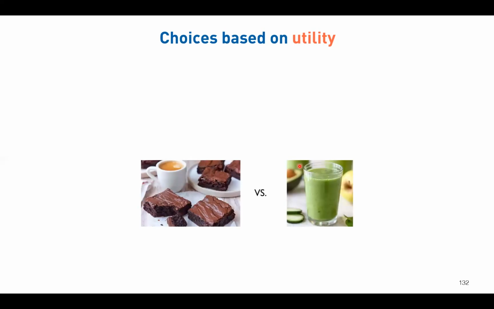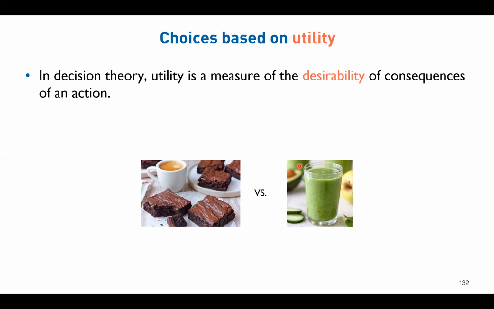Good. And another quite important term or concept related to value-based decision-making is called utility. So utility is more or less a value. Okay, there's some slight difference. I can show you why or how. So again, the same example, one is brownie, the other one is smoothie, and you have to make a choice between the two.